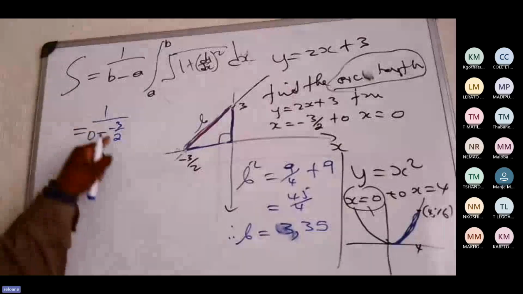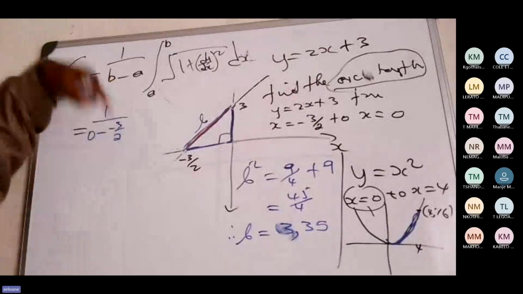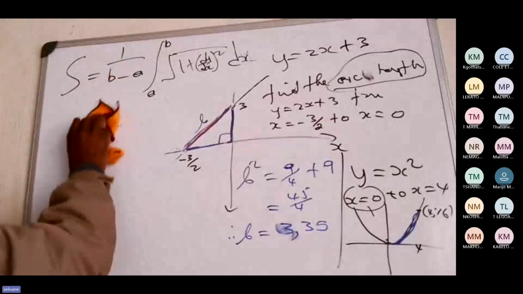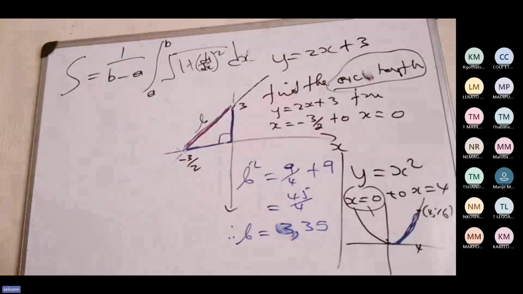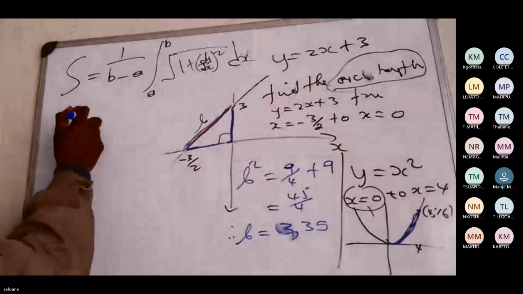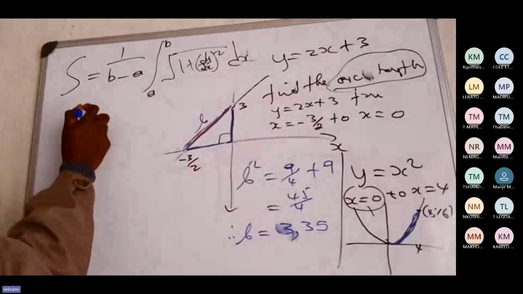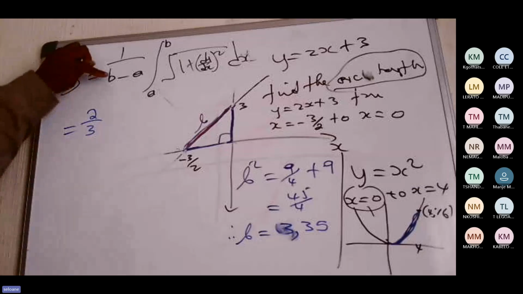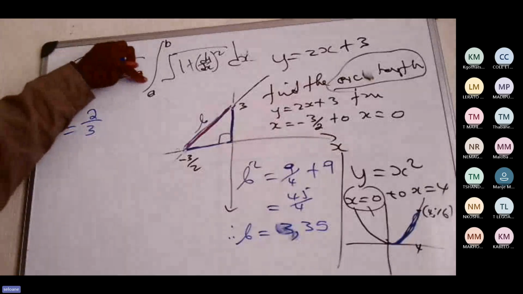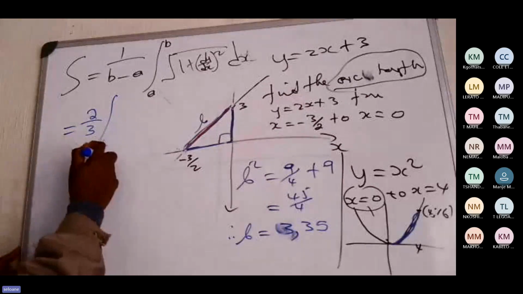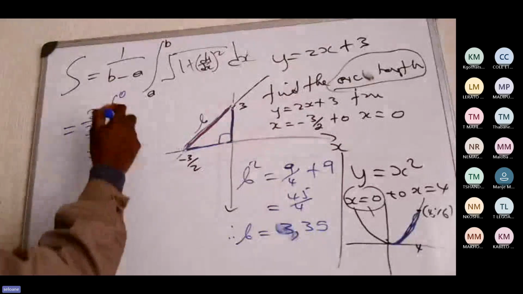Then it will be 1 over this fraction, therefore the reciprocal, which is 2 over 3. Because we have said it is 0 minus negative this. Then from minus 3 over 2 up to 0.